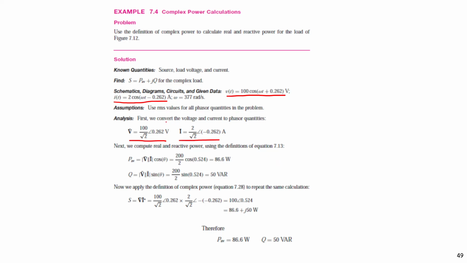You can also write in terms of degree, right? This is in radian, and this is also in radian, right? If we represent in terms of angle, what is the degree of this angle? 0.262.